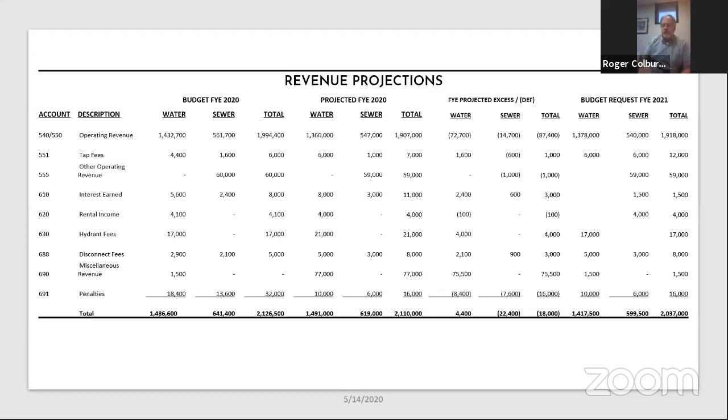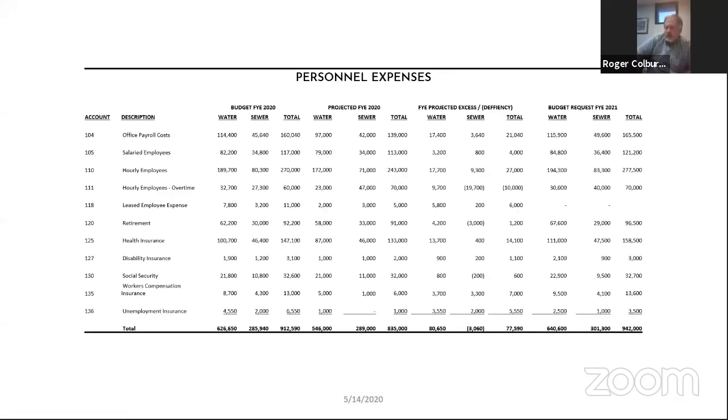So from there, I try to group our expenses into 3 categories primarily. The first category I want to talk about is personnel expenses. For this budget preparation, as we got started, I think John had been talking to the mayor, and Glenda was involved in this.